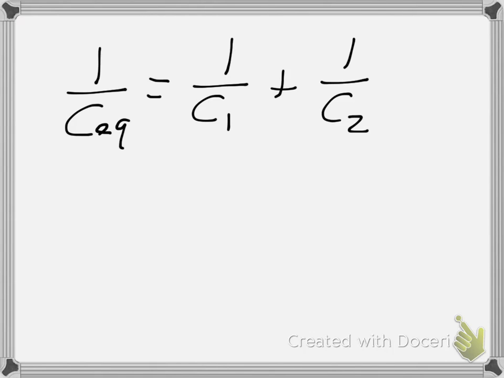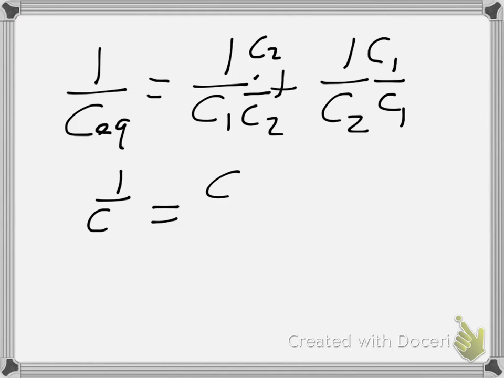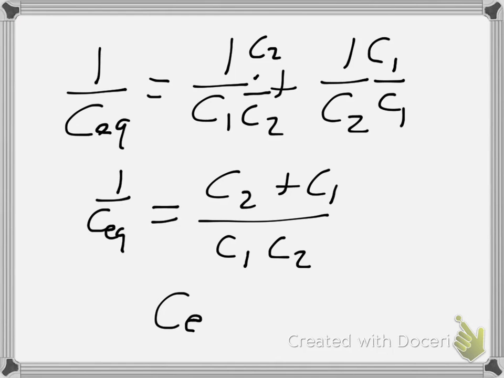Now, quick trick to solve this problem, right? We can multiply both top and bottom by the other denominator, and that'll give us C2 plus C1 over C1 times C2, and when we take the reciprocal, it's just going to be the product of the two over, not a resistor, but a capacitor, over the sum of the two.